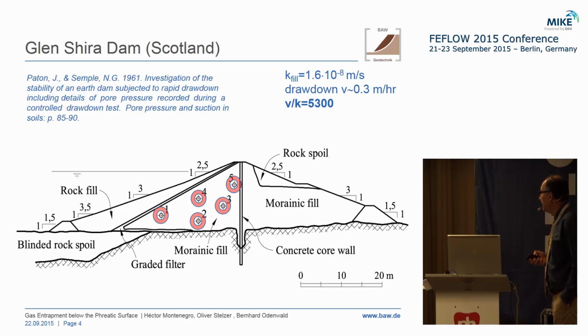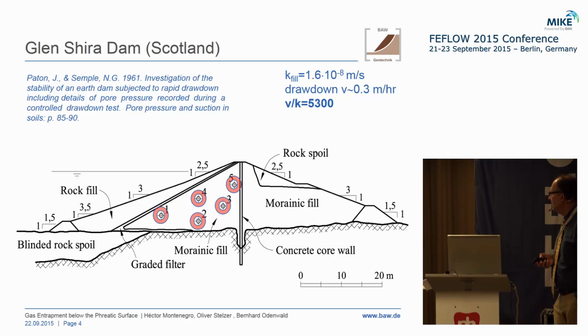We have here a hydraulic conductivity K in the dam of about 10 to the minus 8 meters per second, and the drawdown was about 30 centimeters per hour, so not too fast. However, we have to consider the value of the change in head relative to the hydraulic conductivity, and this was quite a high value. Please remember this parameter, hydraulic conductivity and the velocity of head change, because it plays a role.